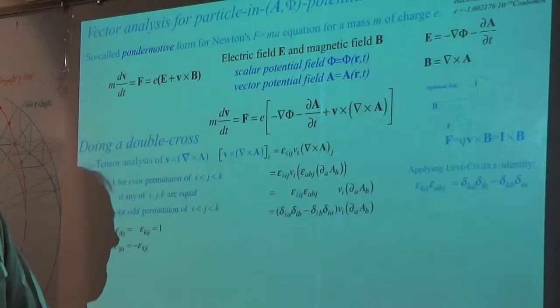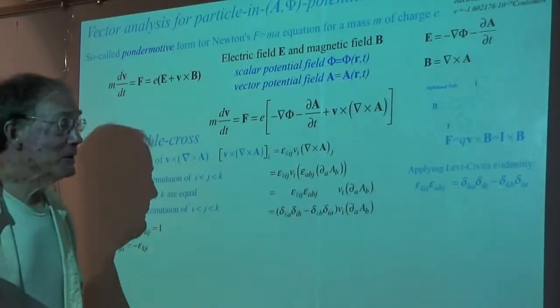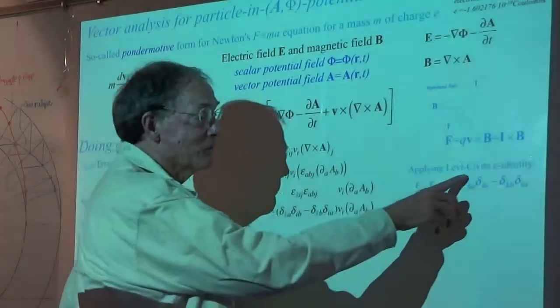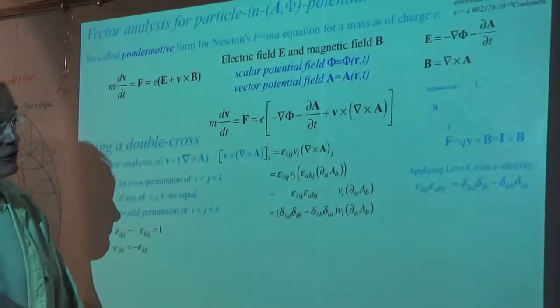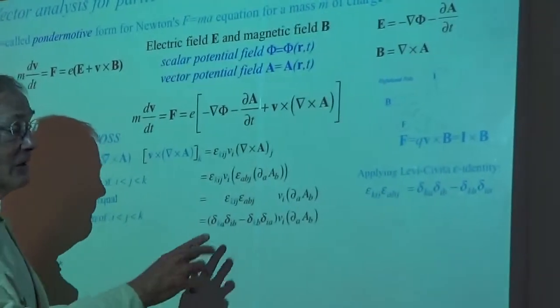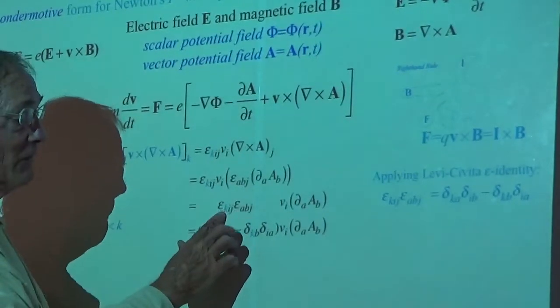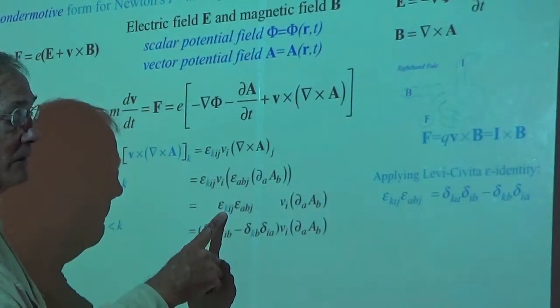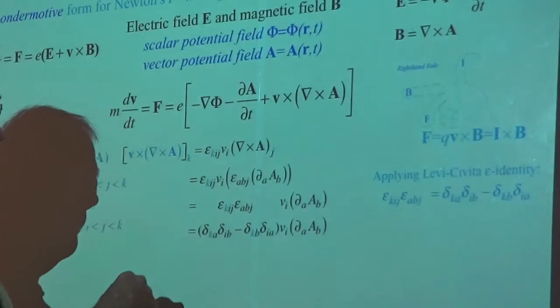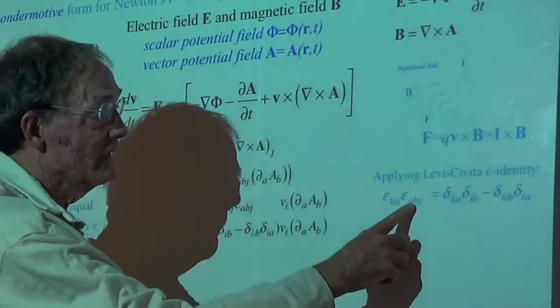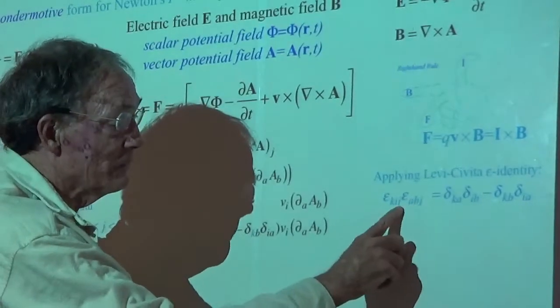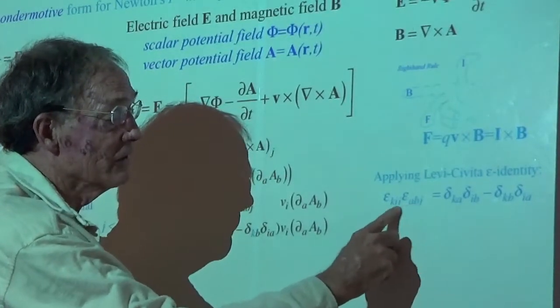So we need here an identity, which is sort of easy to prove just by trying a few of the cases, and that is that when I have a situation where I'm summing over, say, k, i, j, a, b, j, I'm summing over the last index here.